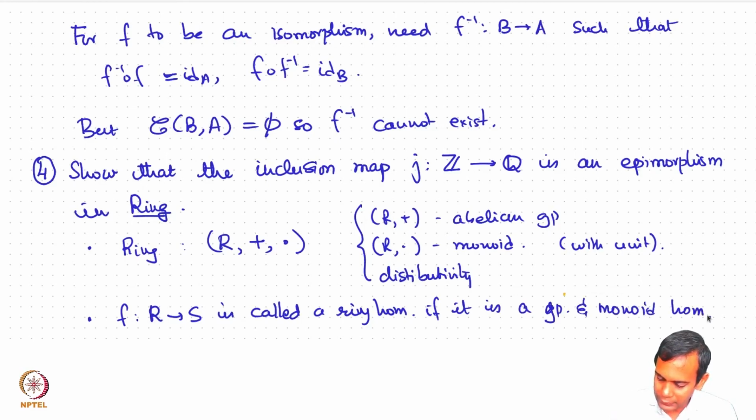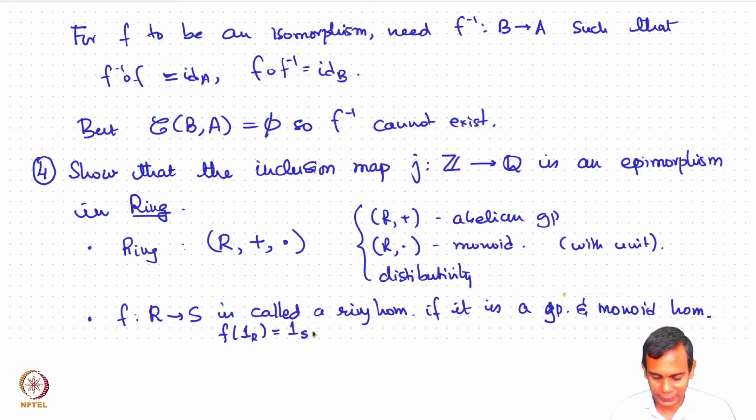Okay, I'm just writing this down somewhat informally, but an important point is that F takes the multiplicative unit of R to the multiplicative unit of S. So this is a very important assumption that we make when we define the category of rings. Okay, so now you can pause your video and try to solve this problem.